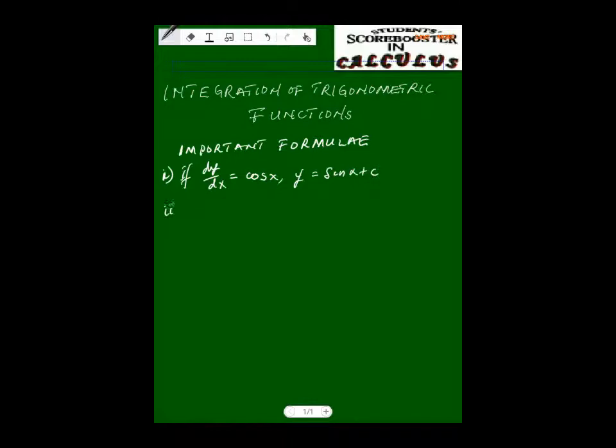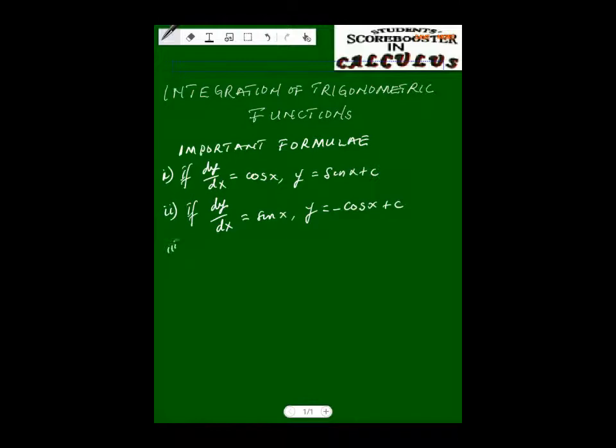The second one that you should note is that if dy/dx is equal to sin x, that is, the integral of dy/dx, which will give you y, is equal to minus cos x plus c.